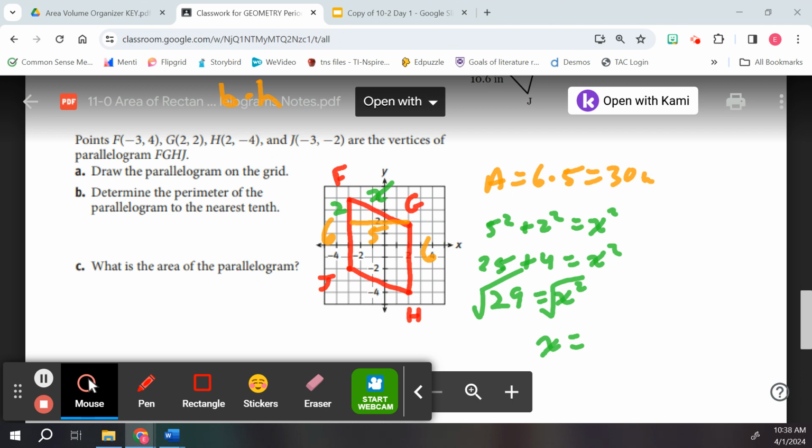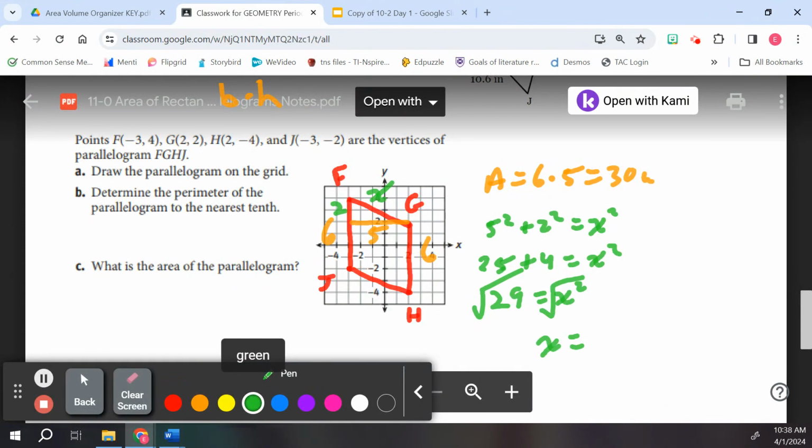What's the square root of 29 in your calculator? Round it to the tenth.